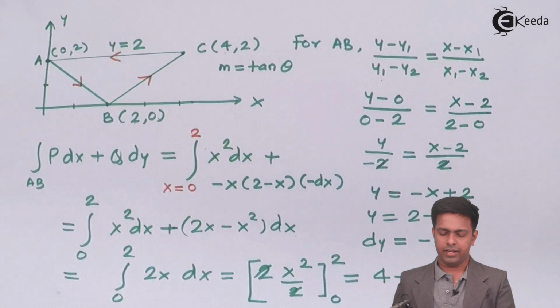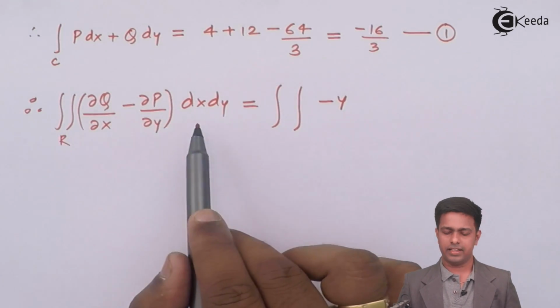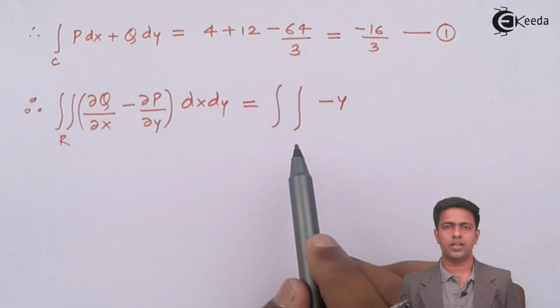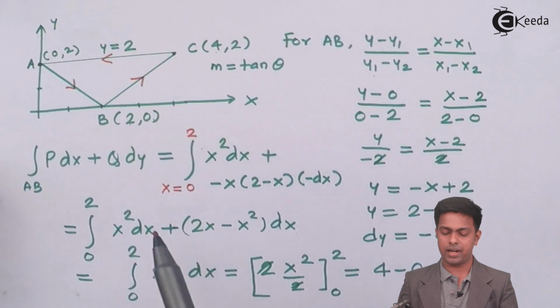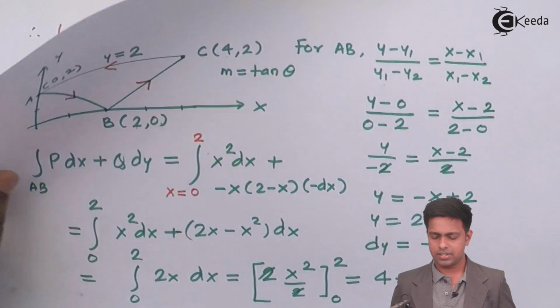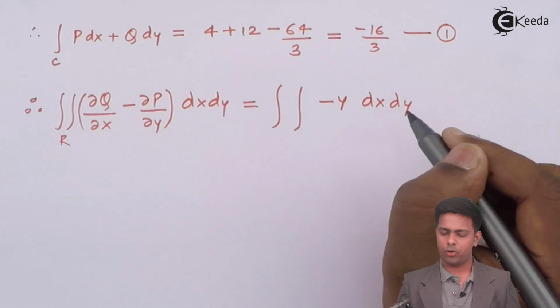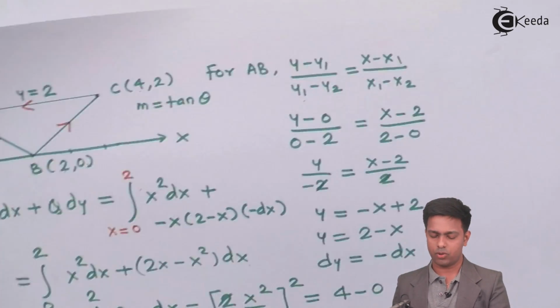So let's say if you want to consider this as dy dx, then to find out these limits we have to consider a strip parallel to y-axis, because you are taking dy first. So now since we are going to take dx first and then dy, I'm going to consider a strip parallel to x-axis. So let's consider a strip.